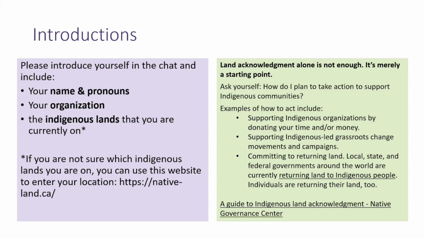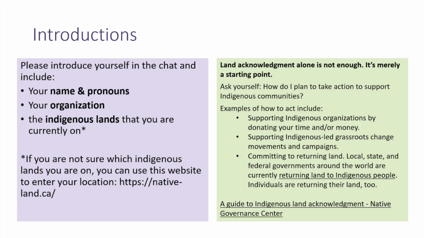We do want to take this moment, while people are putting their names in the chat, to say that obviously land acknowledgement is not enough. It's just a starting point. Something to ask yourself is, how do I plan to take action to support Indigenous communities? Examples of how to act include supporting Indigenous organizations by donating time and or money, supporting Indigenous-led grassroots change movements and campaigns, and committing to returning land.